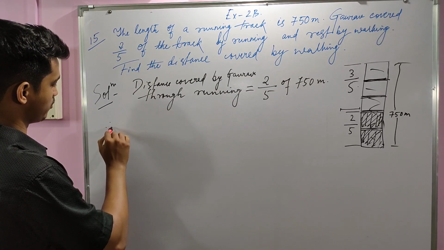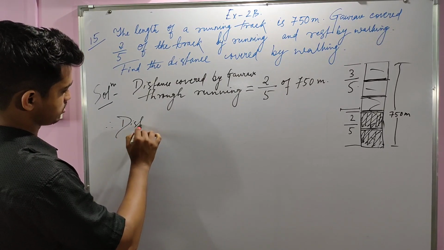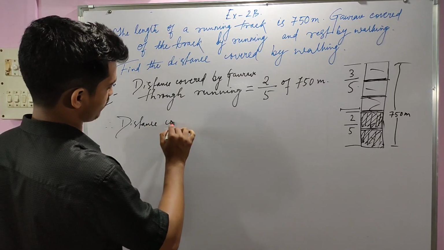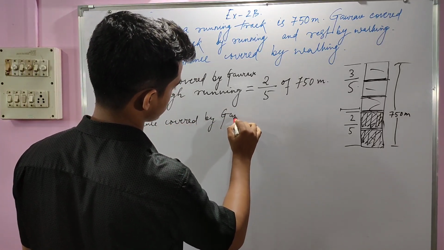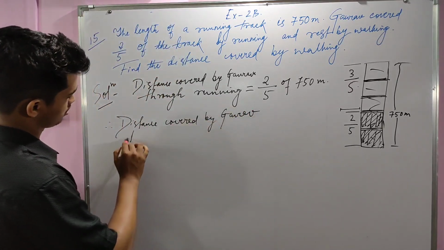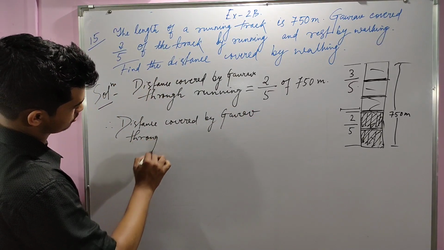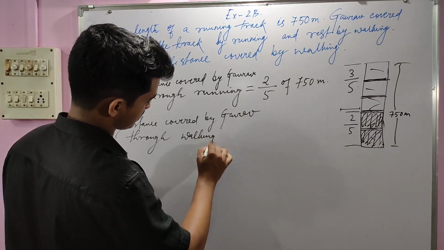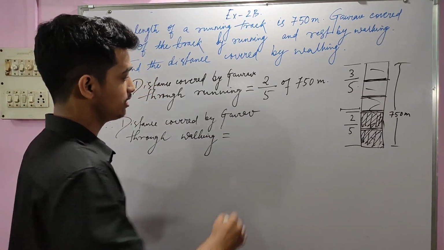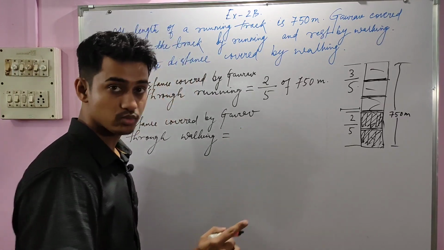Now we have to find therefore the distance covered by Gaurav through walking, which is basically the total.